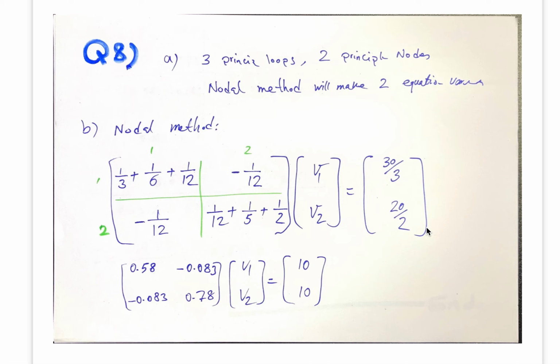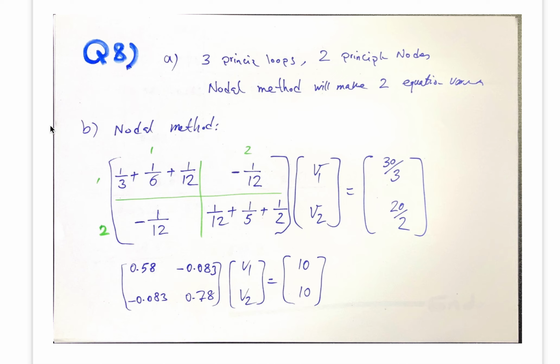In that question, which you can look at from the paper of 2021, you can identify 3 principal loops while 2 principal nodes. So obviously the nodal method will make fewer equation variables. You just need to write these numbers and these kinds of sentences, and you get the full mark of section A.